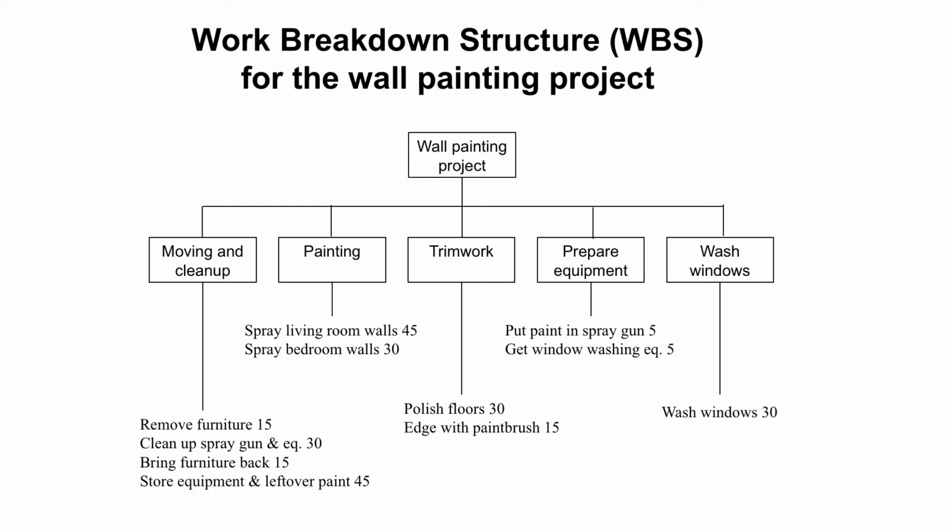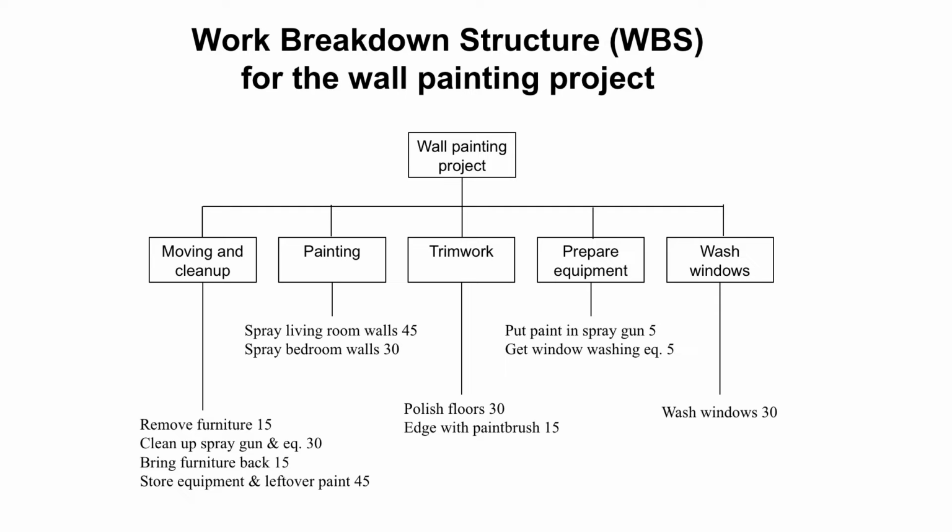And also, at the same time, because we have to take all the furniture away during the painting, we are also going to polish the floors and wash the windows. Those are part of this project.